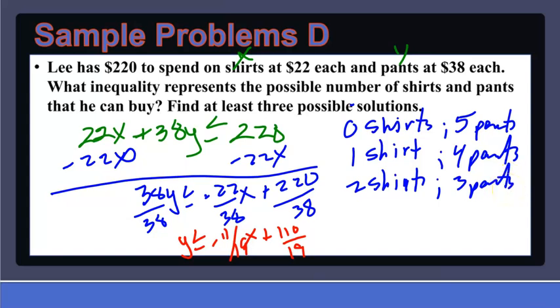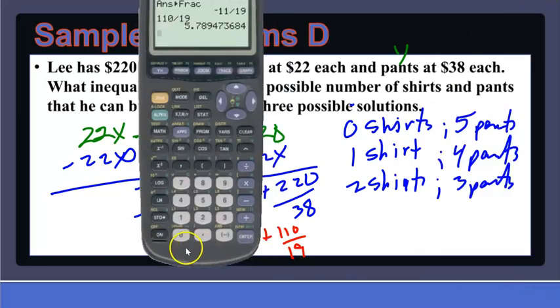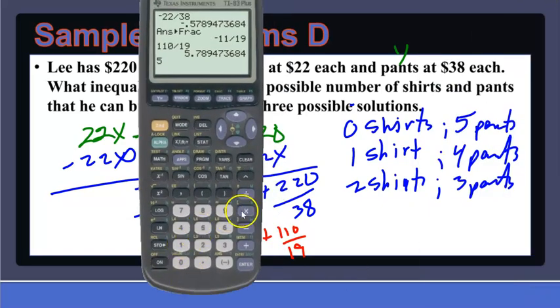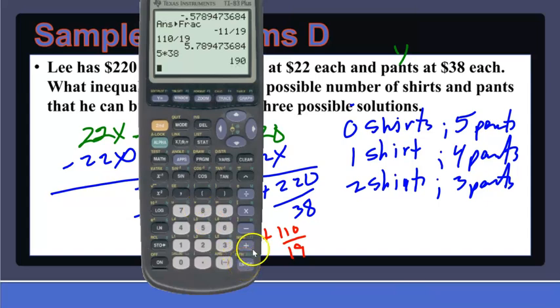Now you could check that by plugging those numbers in to see that it is less than $220. Otherwise, these would be a couple options you would have. So if I did 5 times 38, let's just do that on our calculator. 5 times 38 gives us 190.